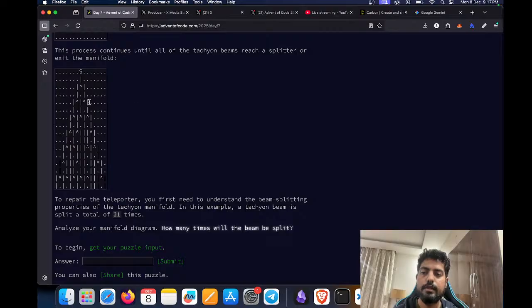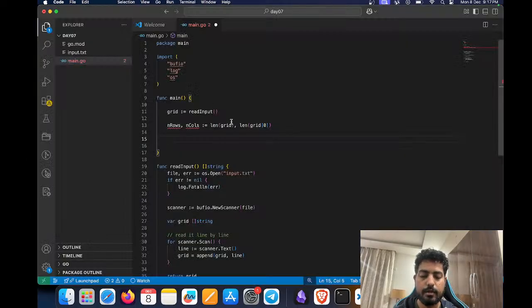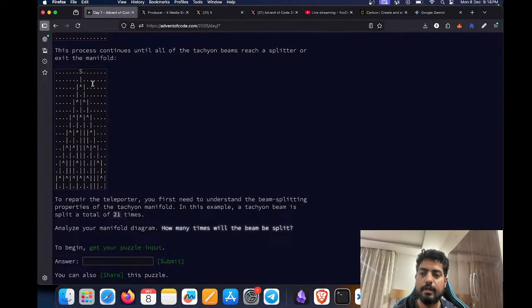And what we can do here is actually just mark all the positions where this ray appears. So let's make an array. I'll call it points. So these points are actually these singular points, like even the splitter, the source, wherever the ray travels, and this dot, the empty space.